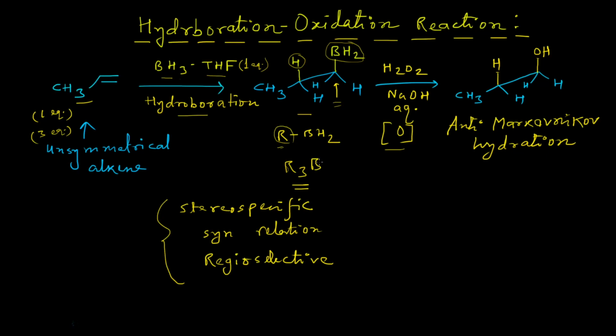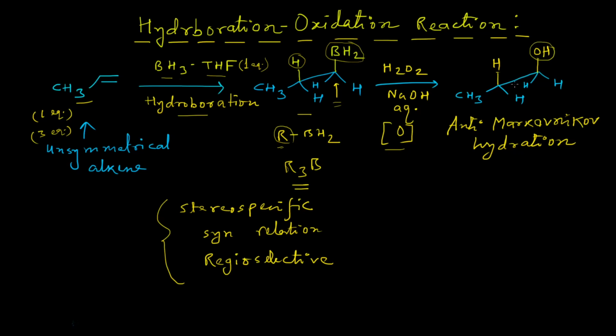And after we obtain this monoalkyl boron or trialkyl boron, we perform an oxidation reaction, generally via treatment with hydrogen peroxide in aqueous sodium hydroxide solution. After this oxidation step, we eventually replace this BH2 group, or this carbon-boron bond, with a carbon-oxygen bond, so an OH group replaces this BH2 group.